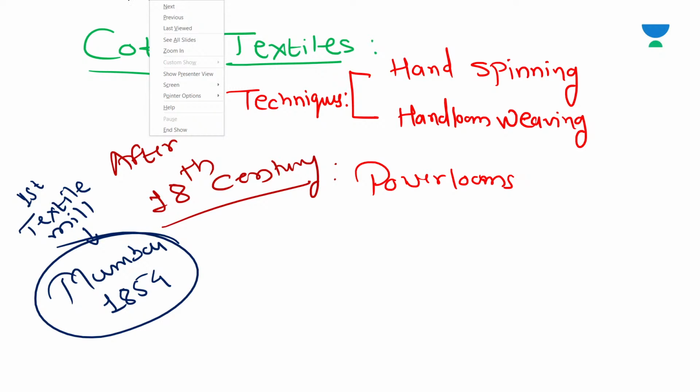So the two world wars were fought in Europe. India was a British colony, and there was a demand for cloth in the UK. Hence, they gave a boost to the development of the cotton textile industry. In the early years, the cotton textile industry was concentrated in the cotton growing belt of Maharashtra and Gujarat.